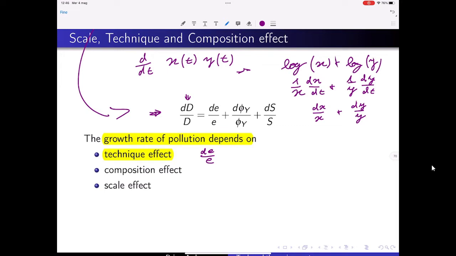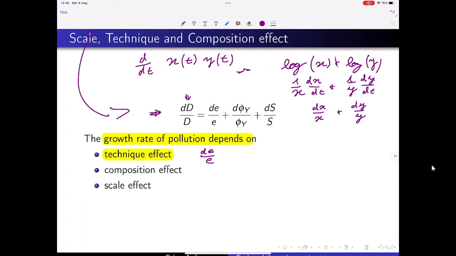We know that emission intensity might change because of environmental policy. So you have a carbon tax in place, and therefore firms may switch to less polluting production techniques. This clearly changes the emission intensity.